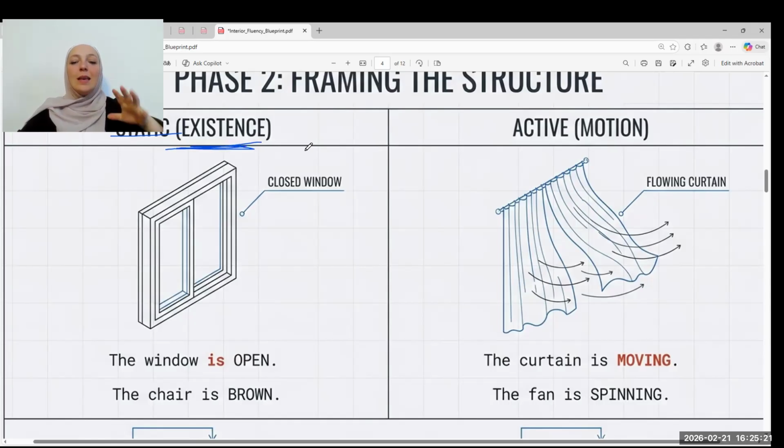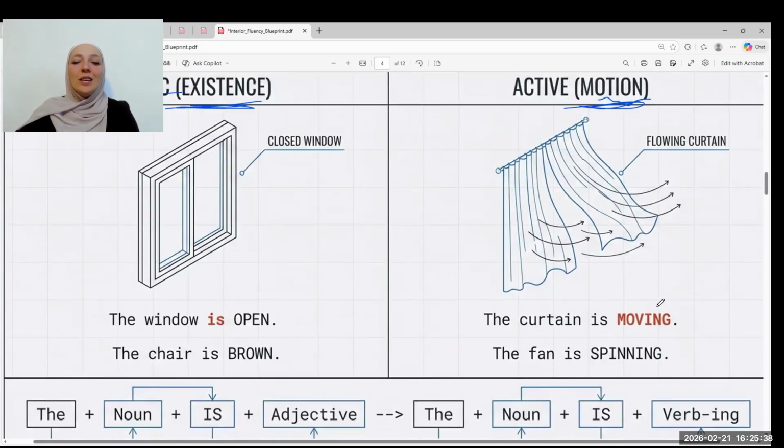All right, amazing. Now, if I want to talk about the motion, the active, the action itself, something in action, in motion, if the thing has movement, it's not static, not just existing, then I will use the ing form, all right? The curtain is moving. Flowing curtain. So I used ing when something is in motion, but I did not use ing with open.